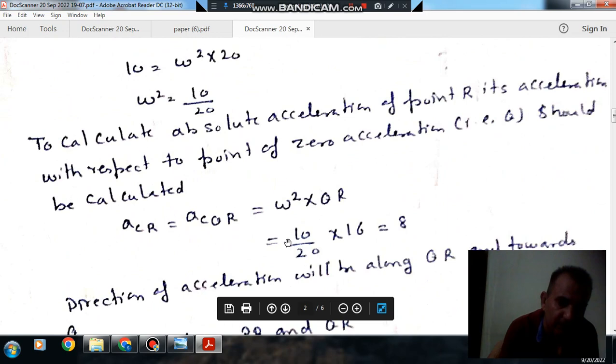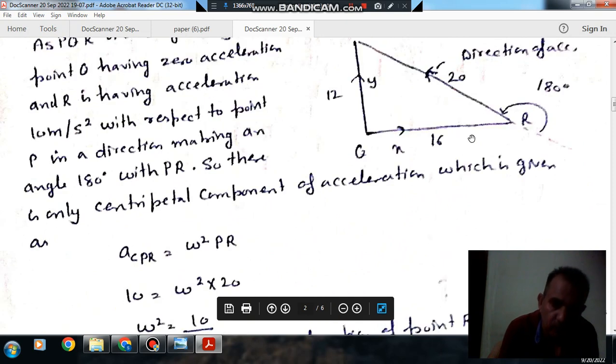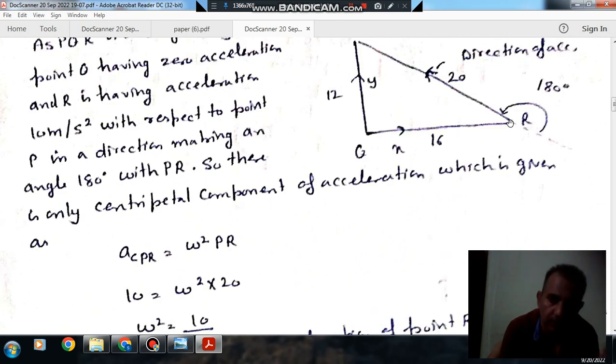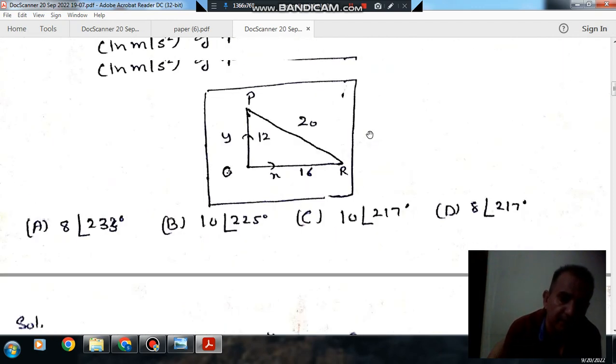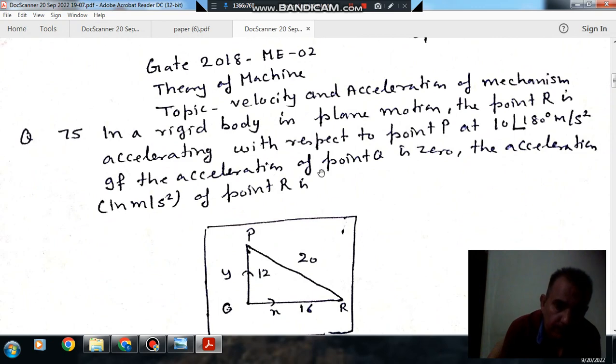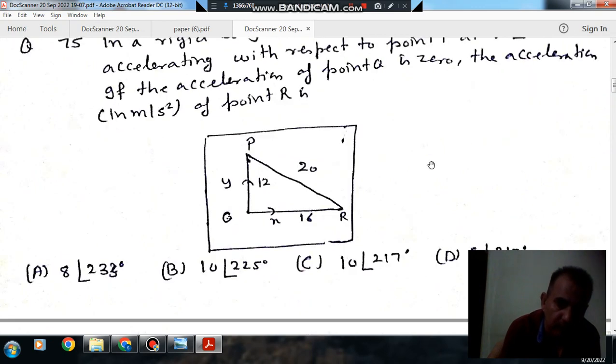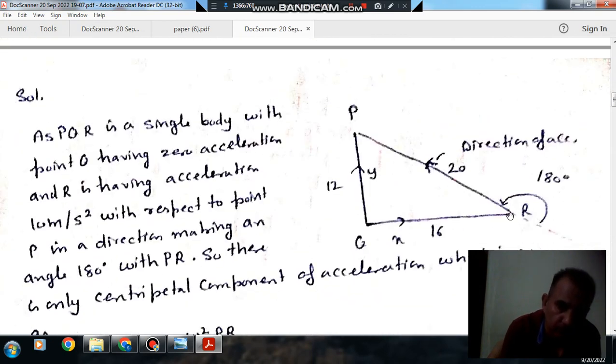Omega square is 10 by 20, and QR is 16, so its magnitude will be 8. The magnitude of the absolute acceleration of point R will be the same as the magnitude of acceleration of point R with respect to Q, because Q is a fixed point having zero acceleration, that is given. Q is a point of zero acceleration. So its direction will be towards QR.